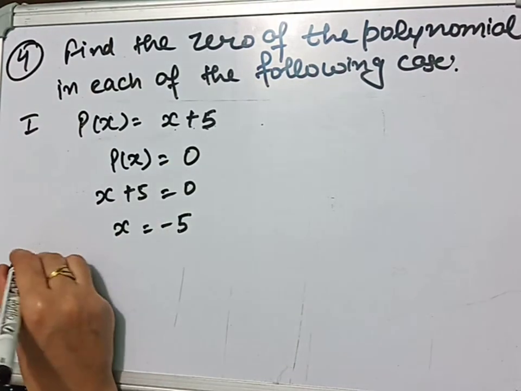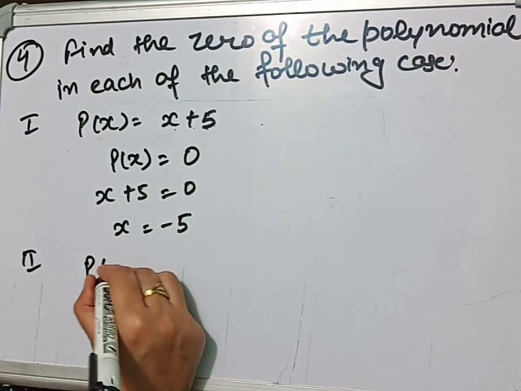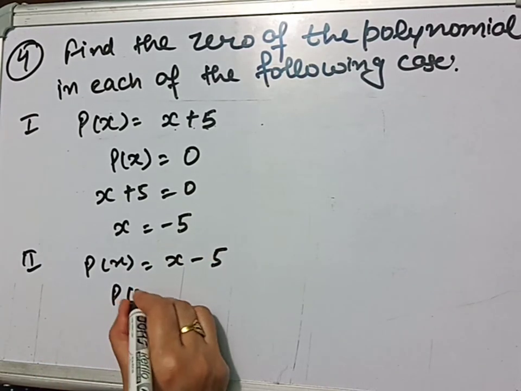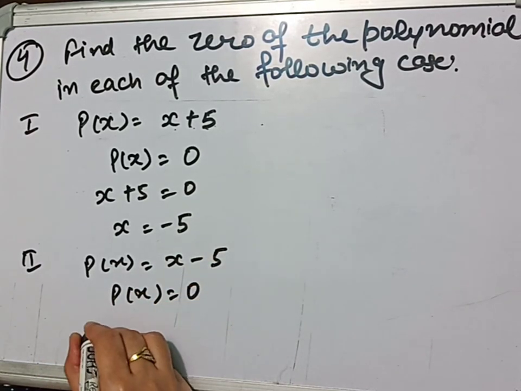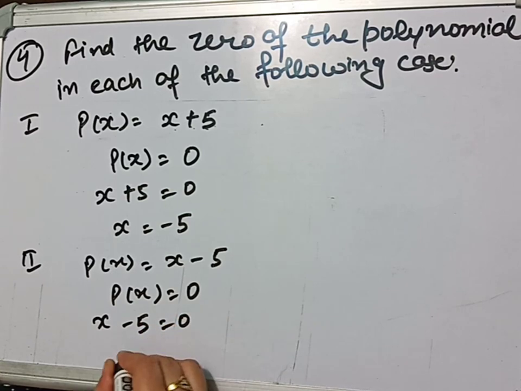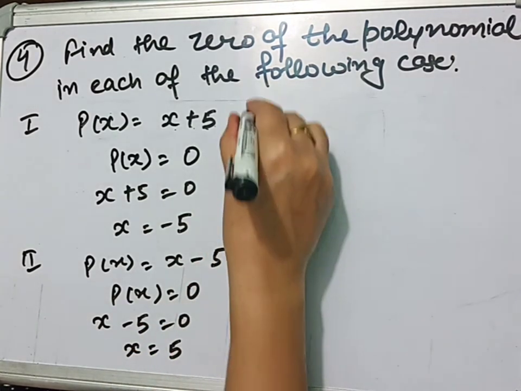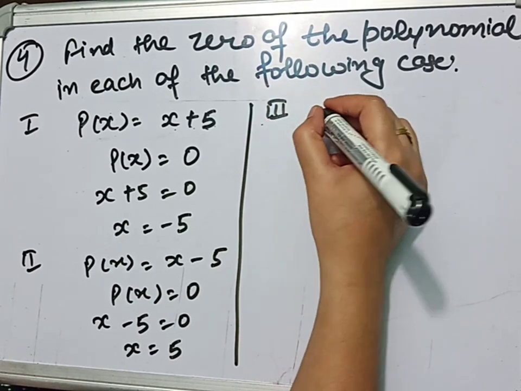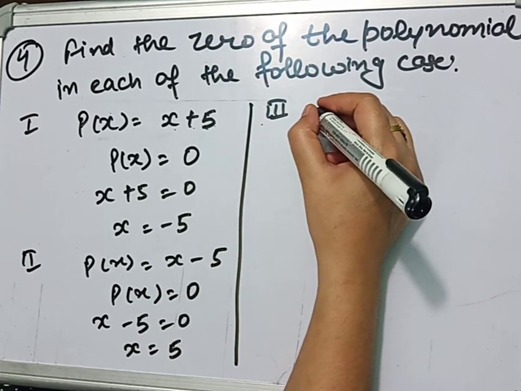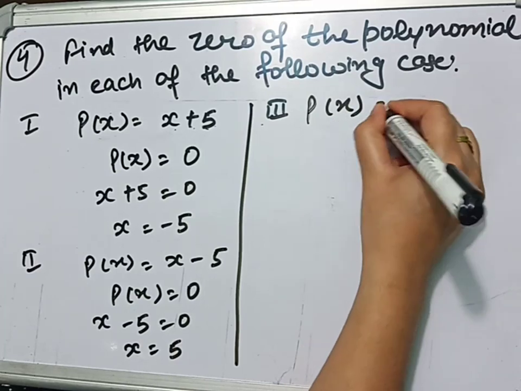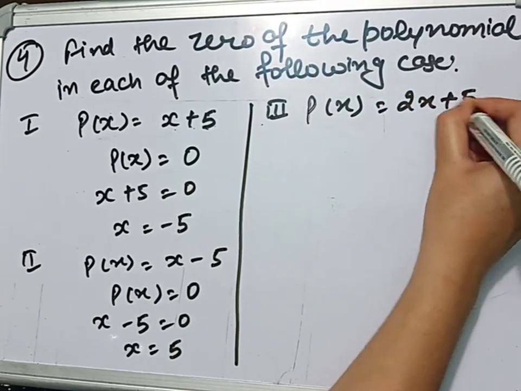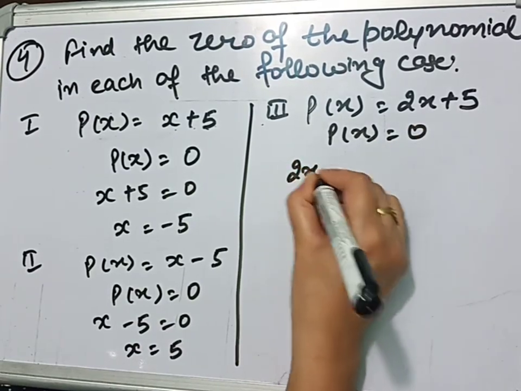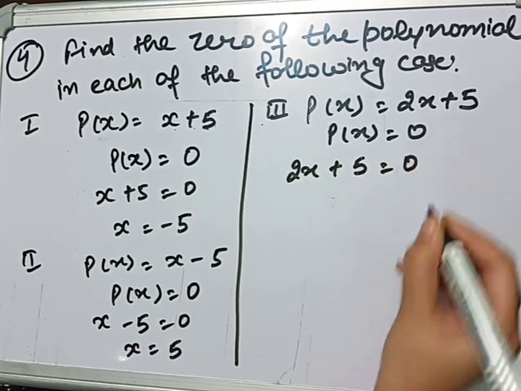Second part is p(x) is equal to x minus 5. Again put the value of p(x) is equal to 0. x minus 5 is equal to 0. x is equal to 5. Now third question is p(x) is equal to 2x plus 5. p(x) is equal to 0. 2x plus 5 is equal to 0.